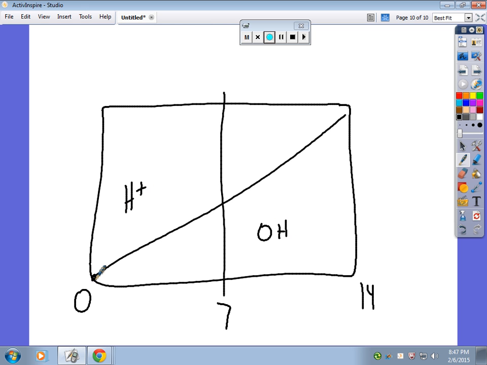So what do you notice at pH of 0? I have no hydroxide ions and all hydrogen ions. What happens as I go along, and this isn't the best picture, but you get the idea, as I go along this scale, I have less and less hydrogen and more hydroxide until I reach a point where I have all hydroxide ions. So pH of 14 is all OH minus, and pH of 0 is all H plus.